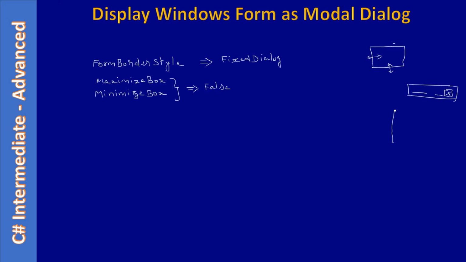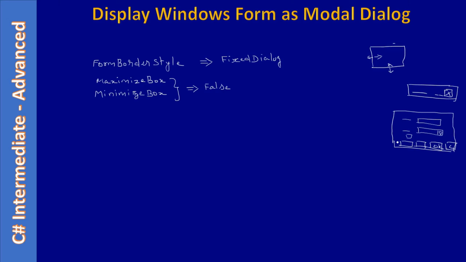When we design a dialog, we may have multiple buttons in it. Say for example, there will be multiple fields: label, text box, label, combo box, and checkbox. Then some button 1, button 2, OK, and cancel button.